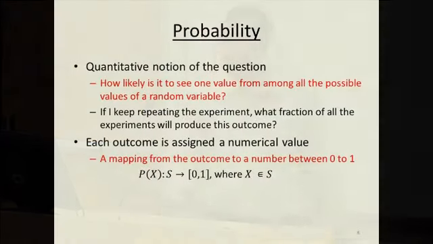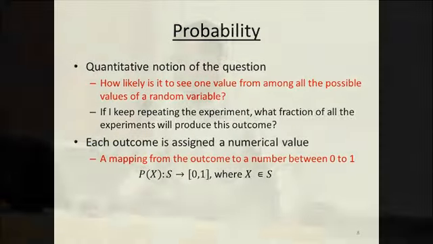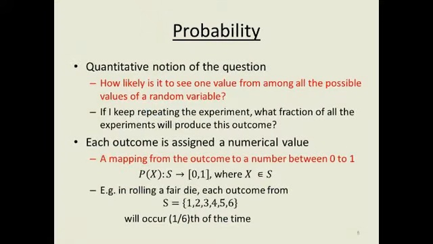Now this is what is addressed by probability. So what a probability says is, every possible outcome in the set of possible outcomes is associated with a given number, a number between 0 and 1. For example, when you roll a die, each of the possible outcomes from 1 through 6 is associated with a number between 0 and 1. In a fair die, each of the possible outcomes can occur 1/6 of the time.